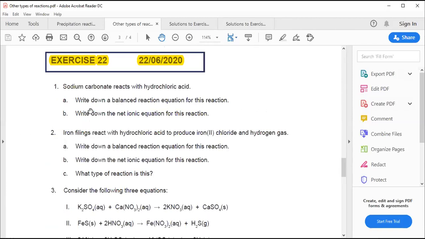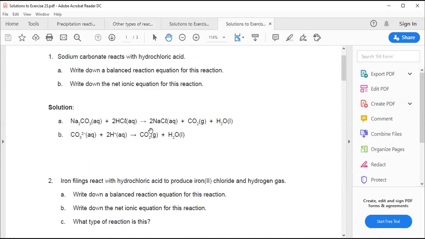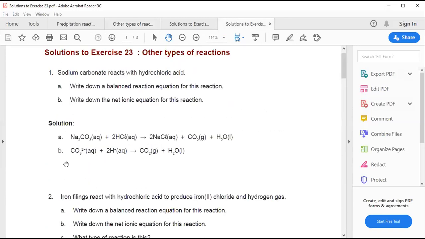The first one says sodium carbonate reacts with hydrochloric acid. Write down a balanced equation for this reaction. And B, write down the net ionic equation for this reaction. So let's look at the possible answers that you're supposed to have. So it was sodium carbonate and hydrochloric acid. Sodium carbonate, the formula Na2CO3, plus hydrochloric acid.